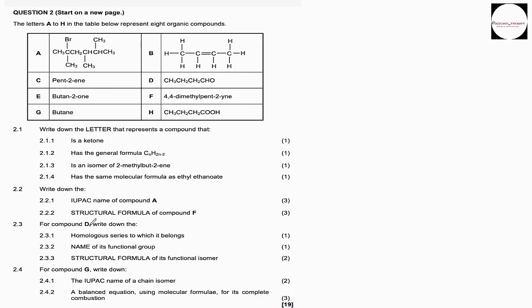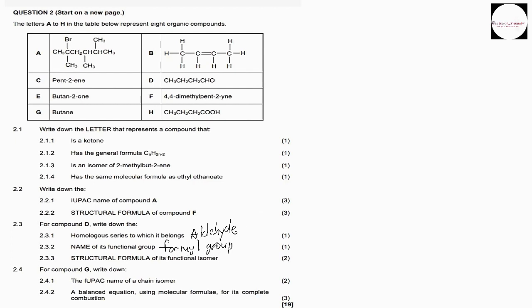2.3.1 says for compound D, write down the homologous series to which it belongs. Compound D, we said, is an aldehyde. And then 2.3.2, name of its functional group. The functional group of an aldehyde is the formyl group. Now they're asking for the structural formula of its functional isomer.